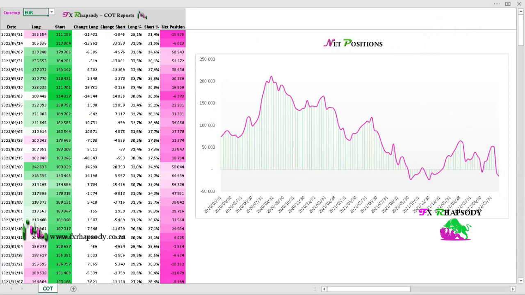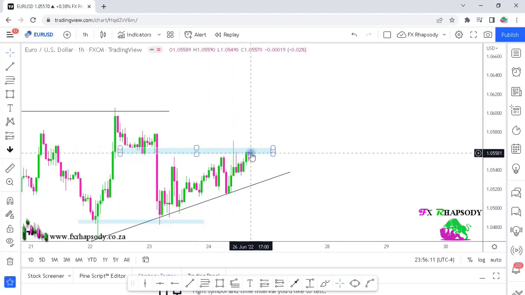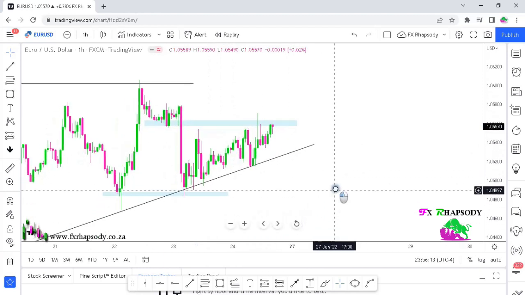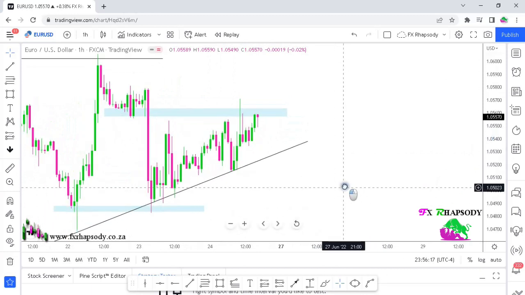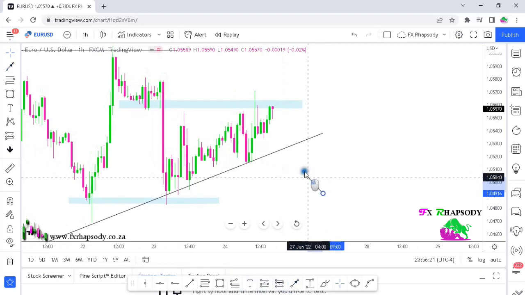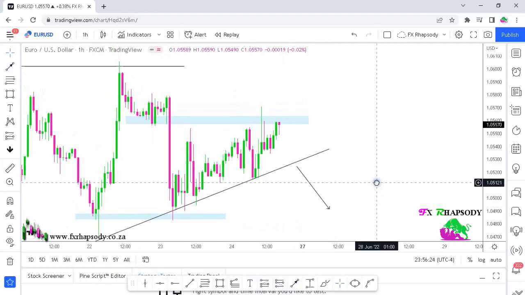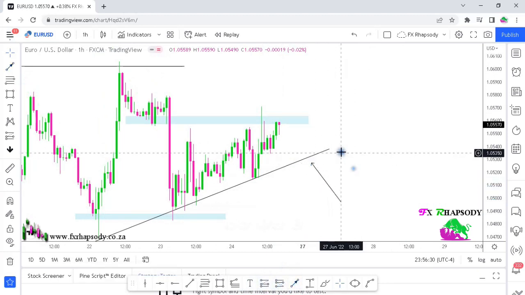And if that is going to be the case, because we're looking at the euro USD, we are anticipating price to move to the downside. So basically, if you are a trend line trader, you're going to be looking out for that trend line.